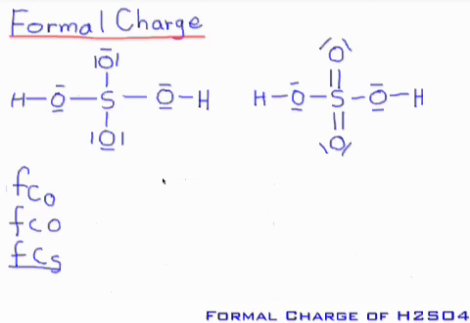In this case, we're doing an organic chemistry problem dealing with formal charge. In class, we produced an example of a Lewis structure in the special case scenario for H2SO4, sulfuric acid. The structure on the left is what we got with the Lewis structure solution when we followed the 8-electron rule for sulfuric acid.